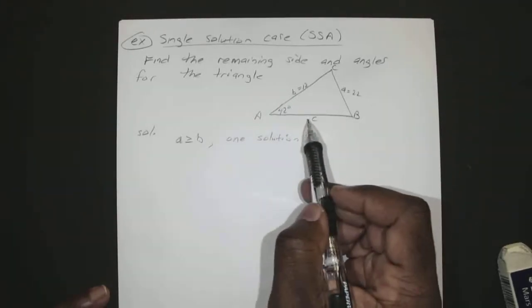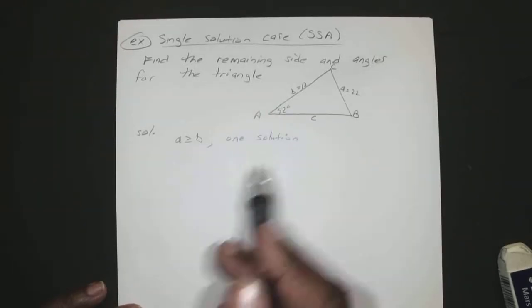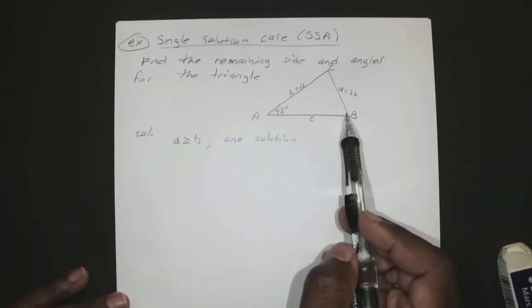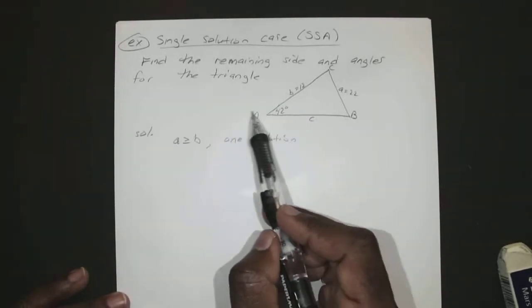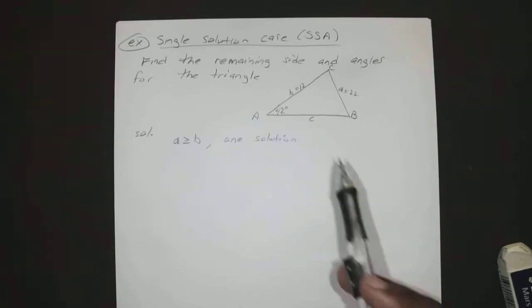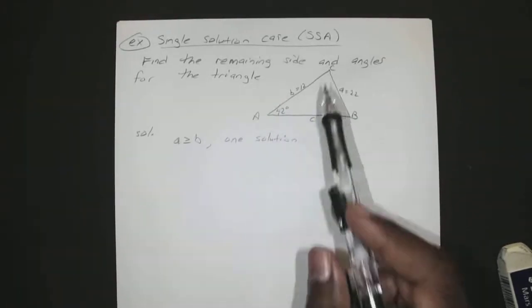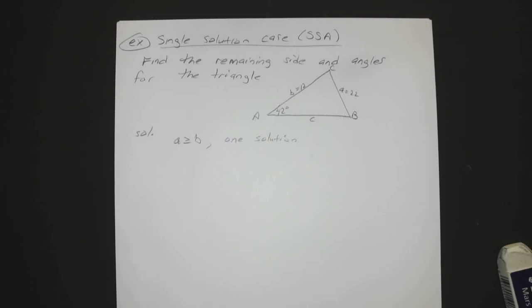And again, if your A, B, and C are switched up, then if this is your A, you'd have to accommodate for that. That's why normally I put mine as ABC, just so you don't have to keep switching depending on where your missing angle is. Okay. So we can actually use the law of sines.